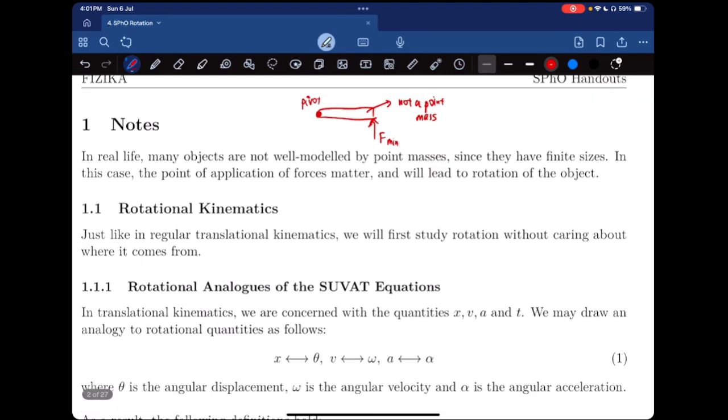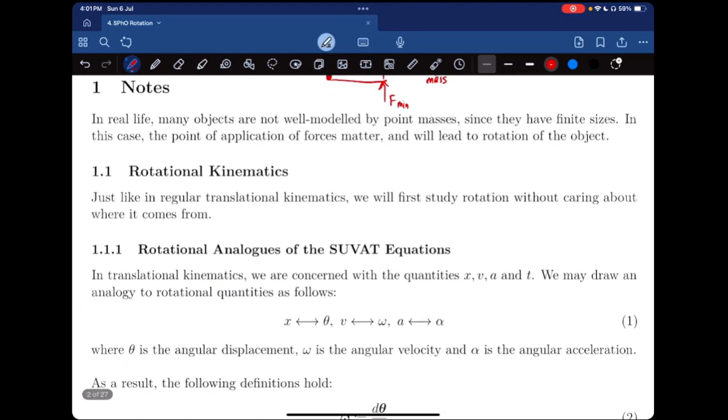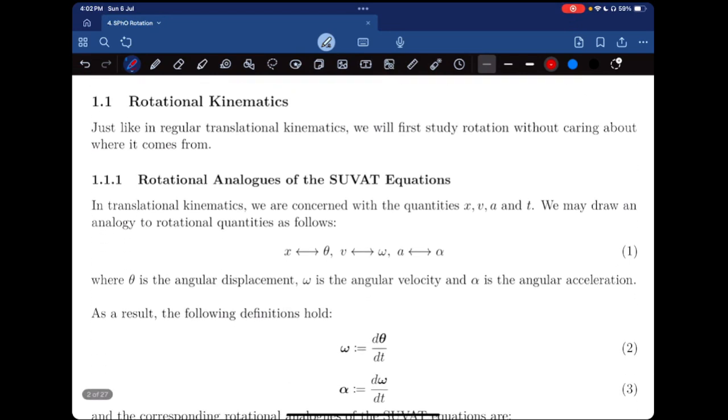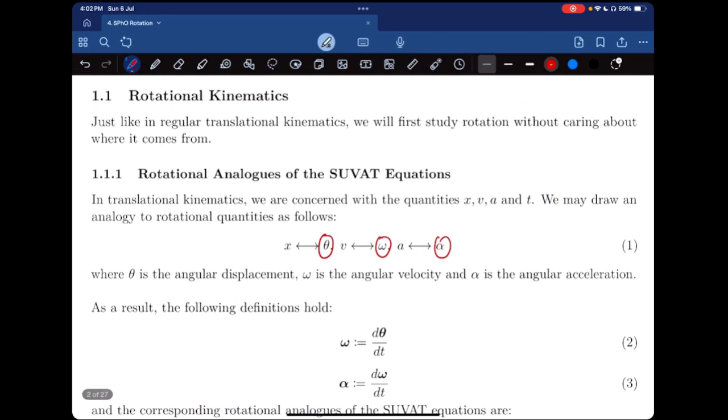So first we will go into the kinematics of this. As usual, we don't care about where rotation comes about. We just want to analyze quantities, and the quantities that we're interested in are, in this case, theta, omega, and alpha. And the names for these are the angular displacement, velocity, and acceleration, respectively. You also have your time as usual because time is always there.